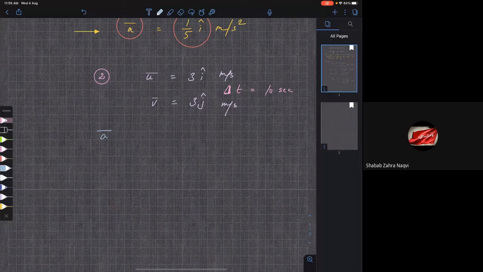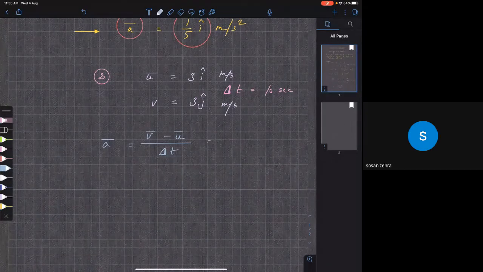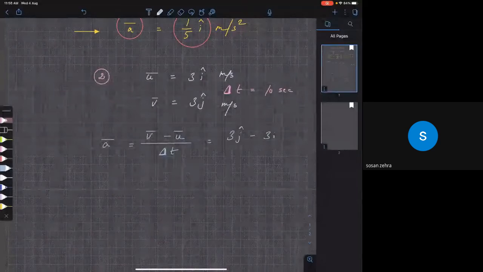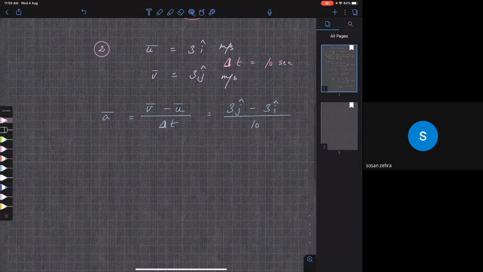Final velocity minus initial velocity divided by delta t, which is equal to 3 j cap minus 3 i cap divided by 10, with units meters per second square.